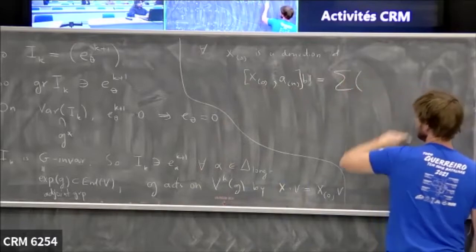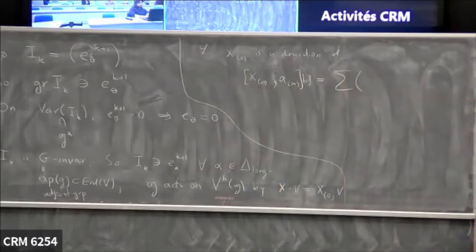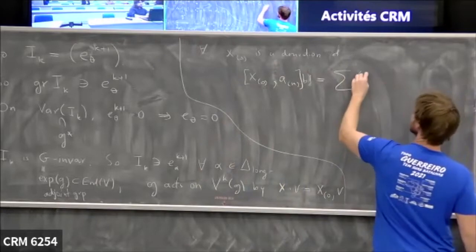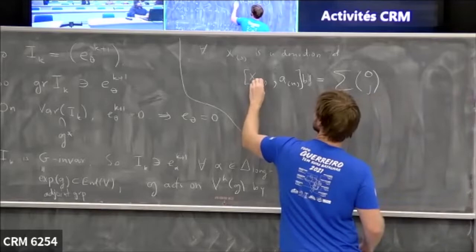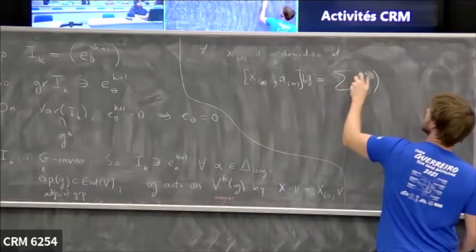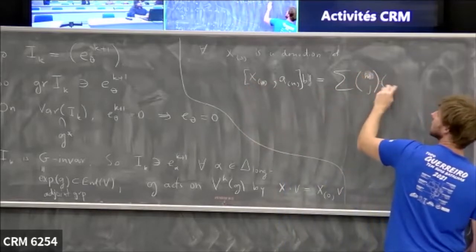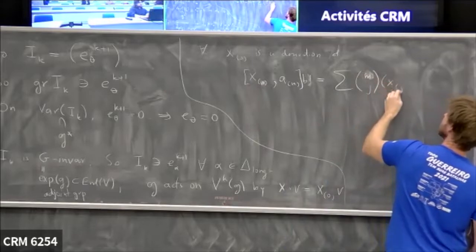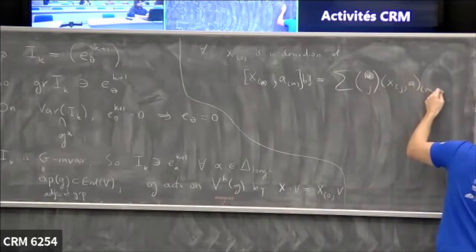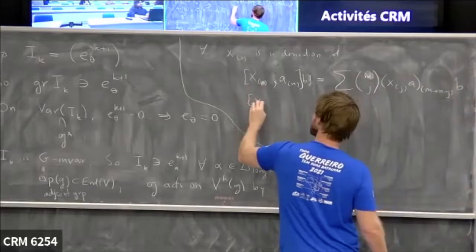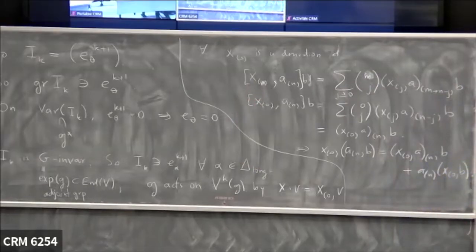I definitely didn't state this, but it's a special case of the Borcherds identity. In general, if you put m here, the sum over j of binomial(m, j) (x_j a)_{m+n-j} b, so indeed zero products are derivations of all nth products.